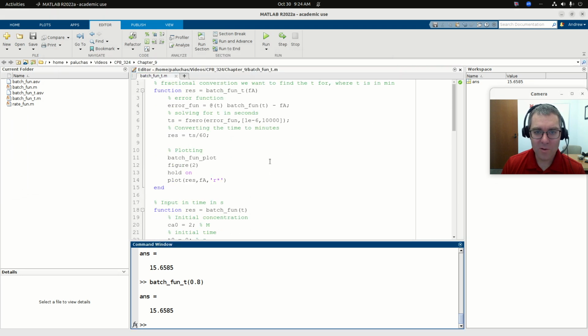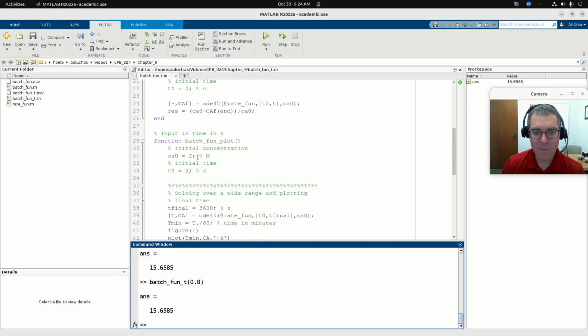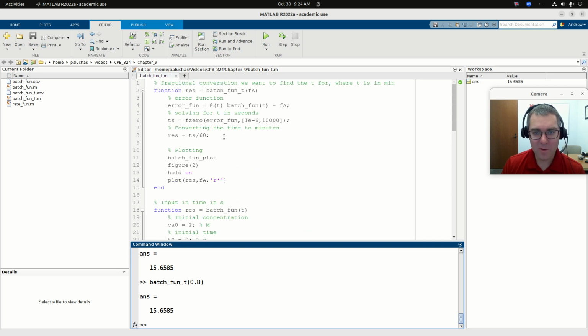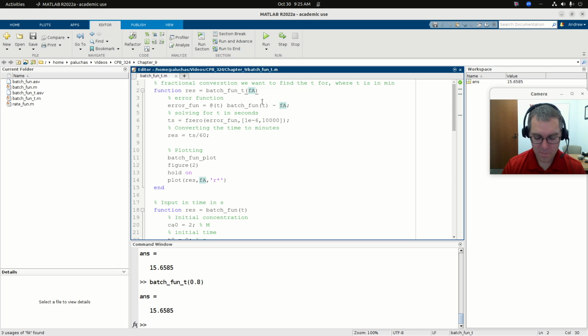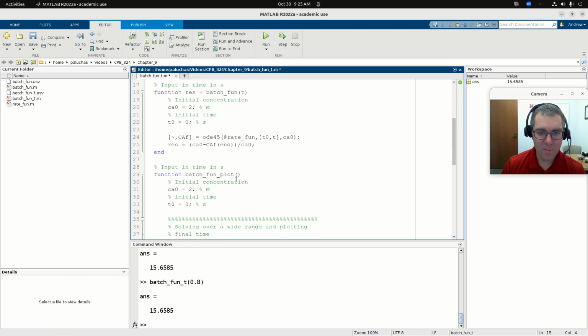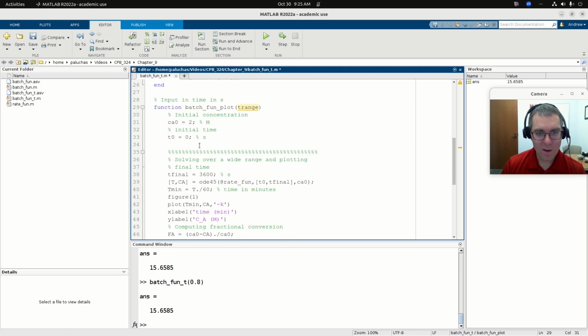But yeah, and just think, you can make additional input variables to this. They could be maybe this plot range. So maybe I put t range in here, and then maybe batch fun plot has an input of t range, instead of t final.